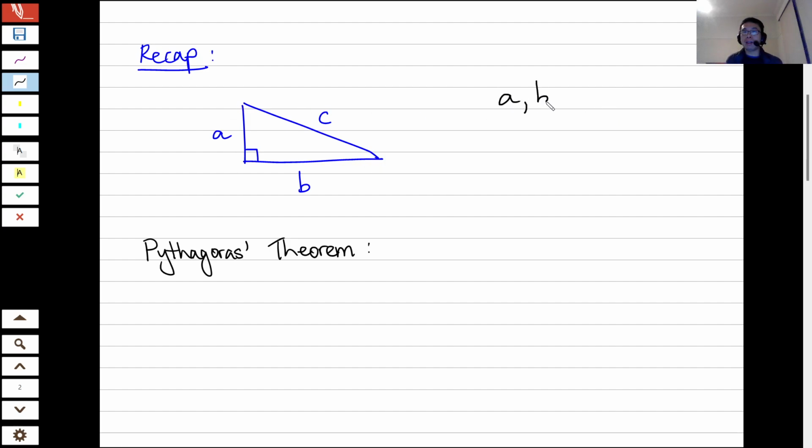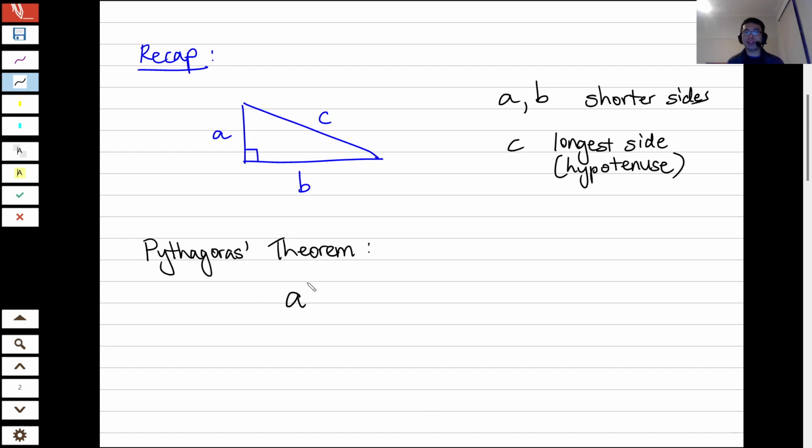So if A and B are the shorter sides, and C is the longer side, or the hypotenuse, what's the formula? A squared plus B squared equals C squared. That needs to roll off your tongue. You need enough practice so that you've got this memorized.